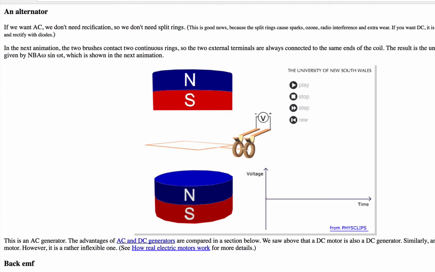Now, this loop, you can see, instead of having a split ring commutator, has each end of the loop permanently attached to one single ring, and they're there side by side. These are called slip rings, and this slip ring commutator means that whatever is the current in the coil is the current going to the output. So there's no switching of the current every half turn.